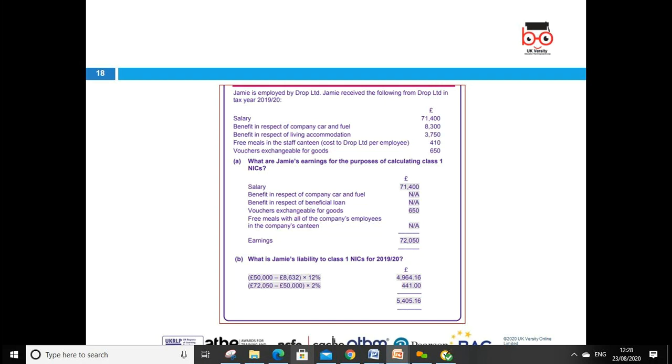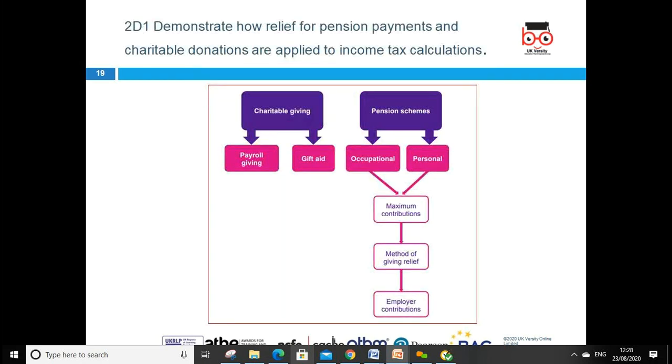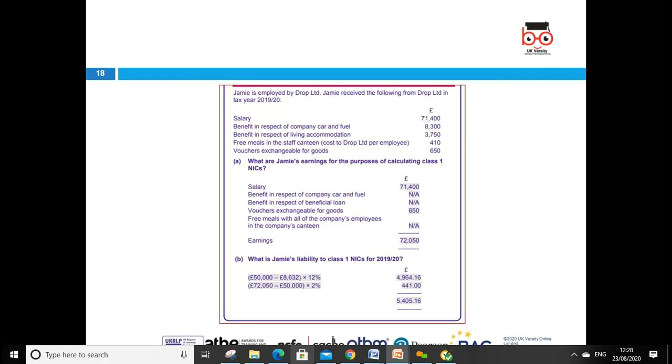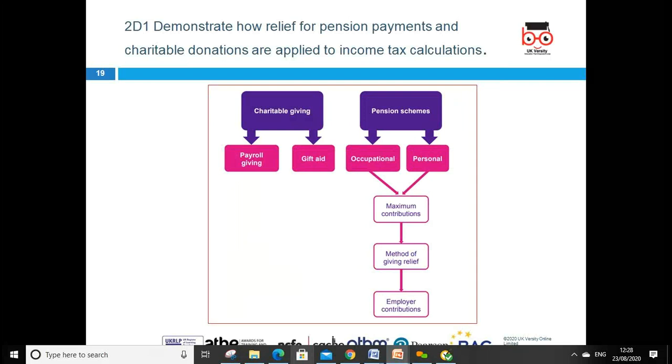Then class 1: 50,000 minus 8,000. So we calculate the 12%. Then we can calculate NI: 72,500 minus 50,000 at 2%. So the total NI contribution is 5,405 pounds that needs to be paid toward the tax.